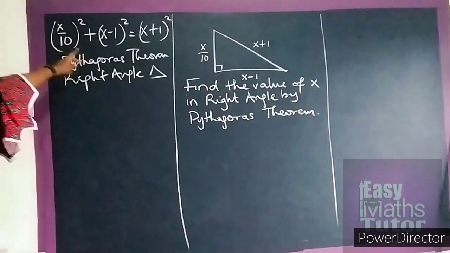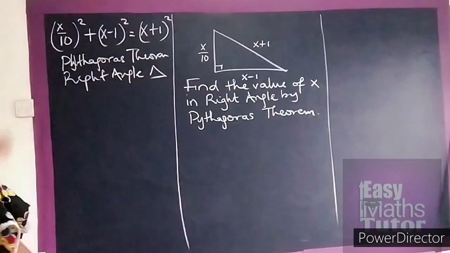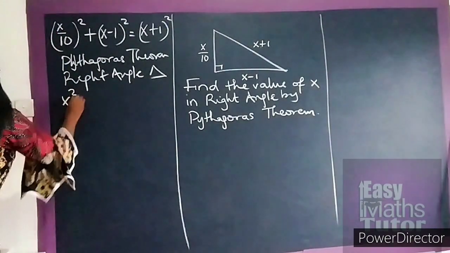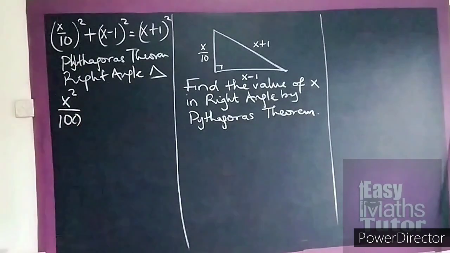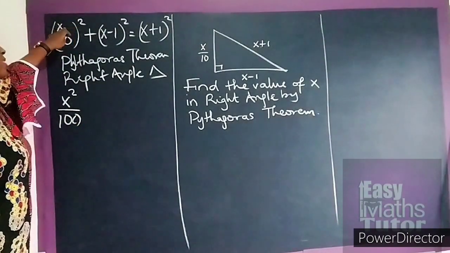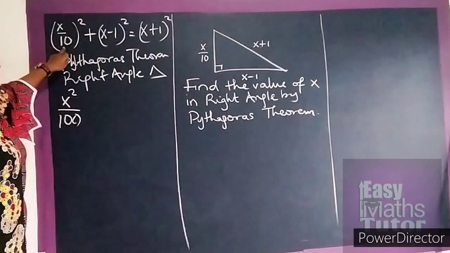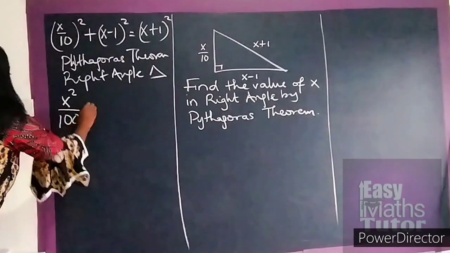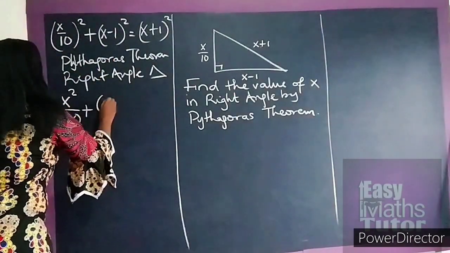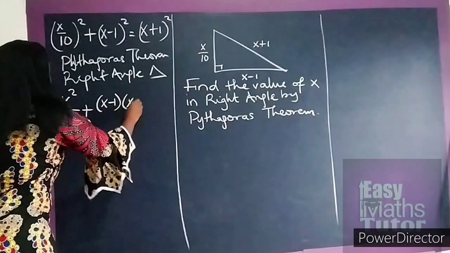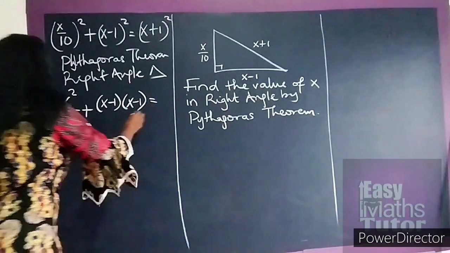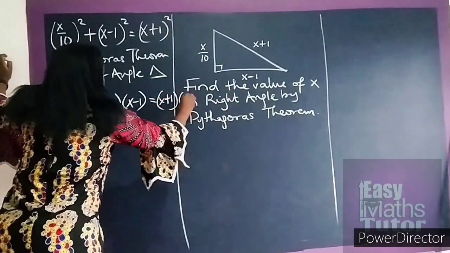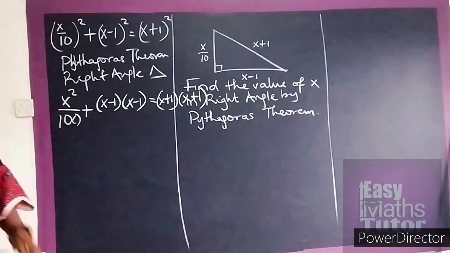So what we're going to do next, we're going to expand this function. If we expand this, we'll have x squared over 100. X squared, that's x times x, all over 10 times 10, giving you x squared all over 100. Plus, we're going to square this x minus 1, equal to x plus 1 squared.